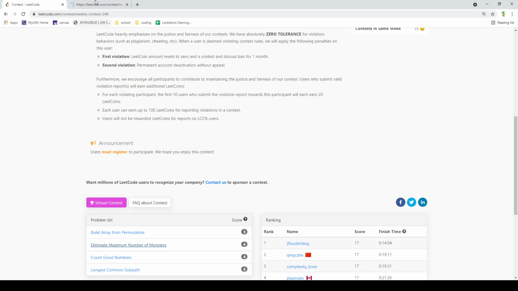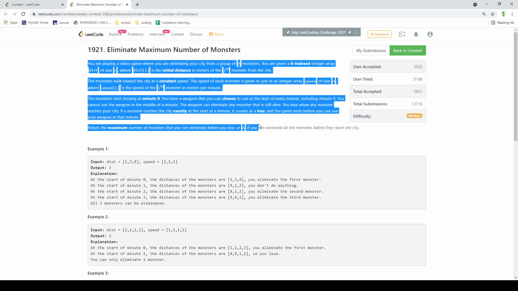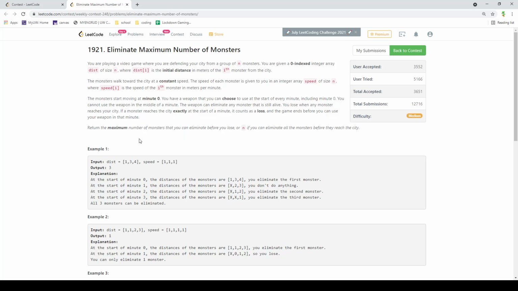So now let's look at the second question. Basically, to simplify it, instead of this big setup, essentially you're given 2 arrays of the same length, and each index in it corresponds to a monster. So index 0 means that there's a monster 1 meter away and it moves at 1 meter a second.